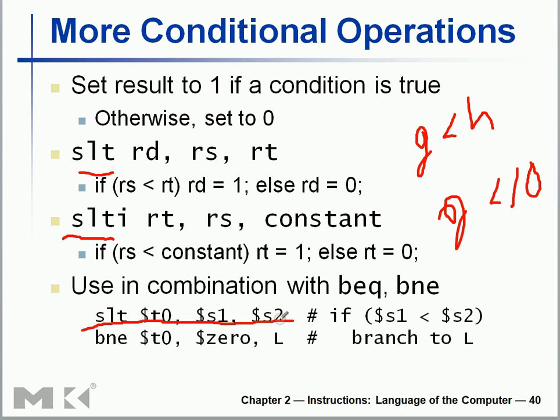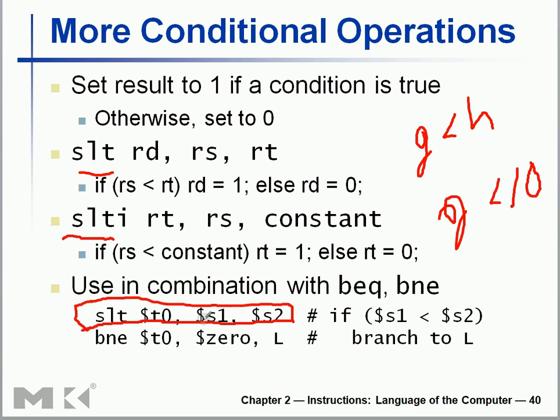If S1 is less than S2, then T0 will be 1. I'm saying this again. If S1 is less than S2, then T0 will be 1. And if you check that T0 and 0 are equal, then you have to exit. I need you to understand this. Let's do some tracing over here.